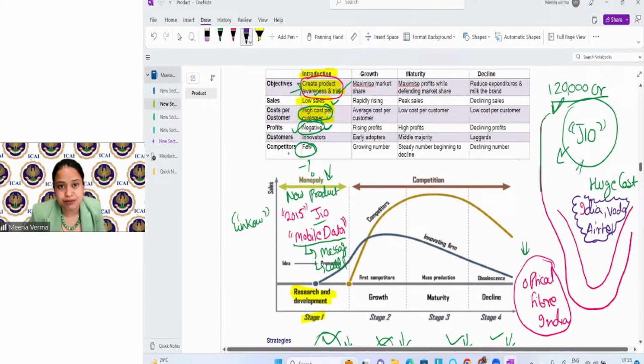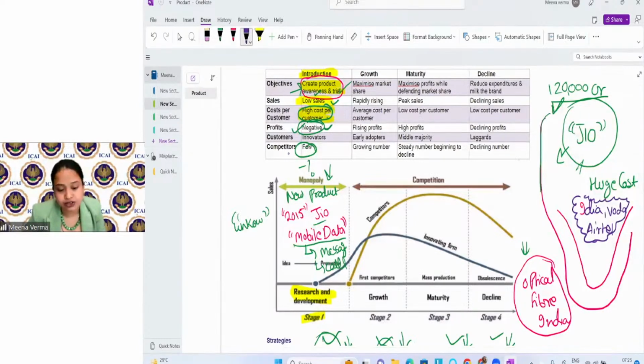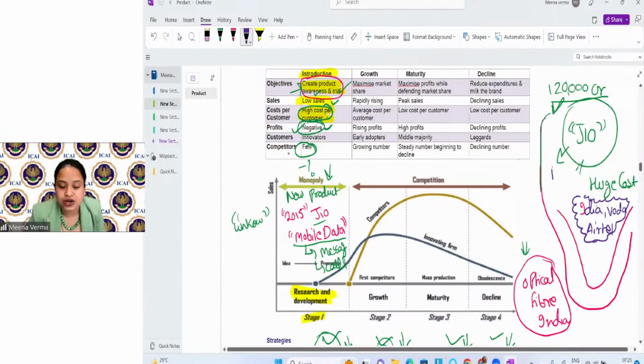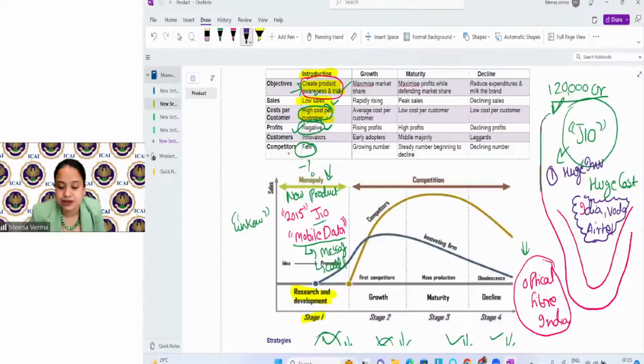And if these companies want to spread such optical fiber, they need two things. First, they need huge investment, right? As Jio has done, they need huge investment. And the second thing is that initially their cost would be very high, right? So these companies were not ready to make all this huge investment, because initially it required huge investment and a lot of time, right?